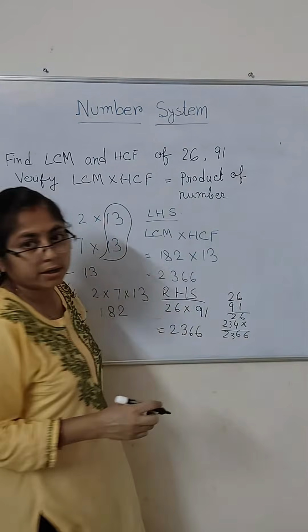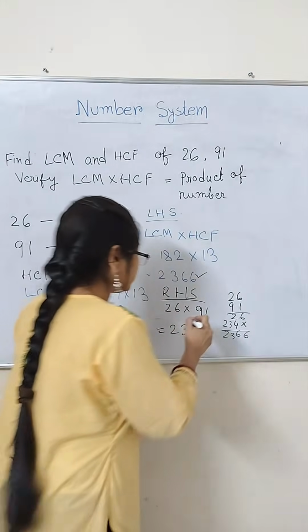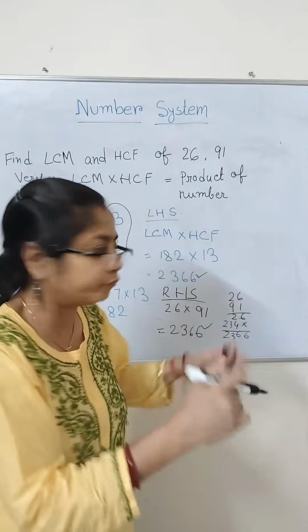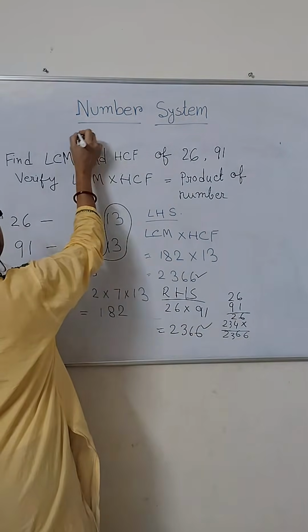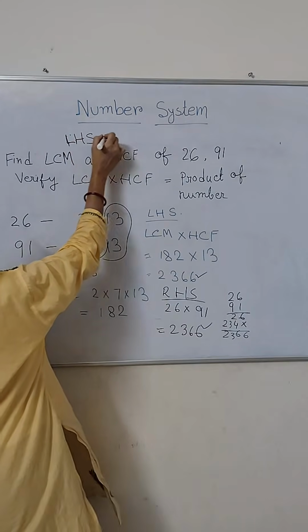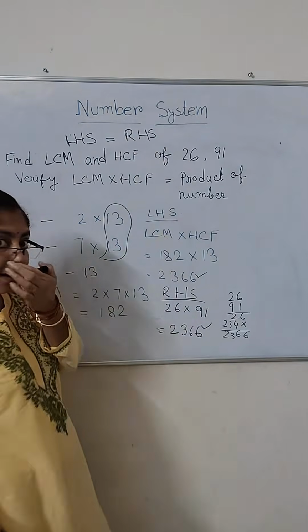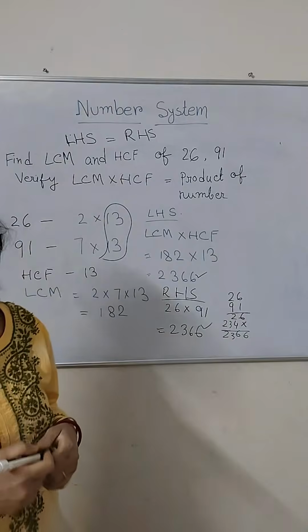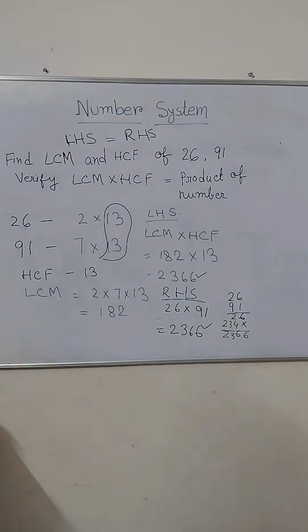Now you check. Left hand 2366 and right hand also 2366. So it is proved. So I can write left hand side equal to right hand side. Is it clear? Please complete the math.